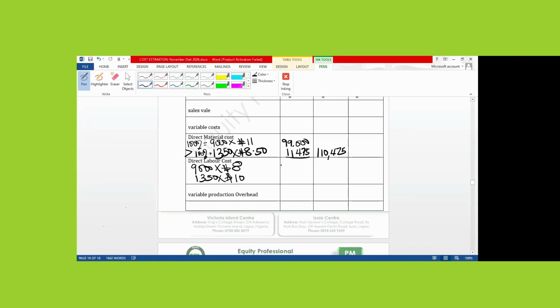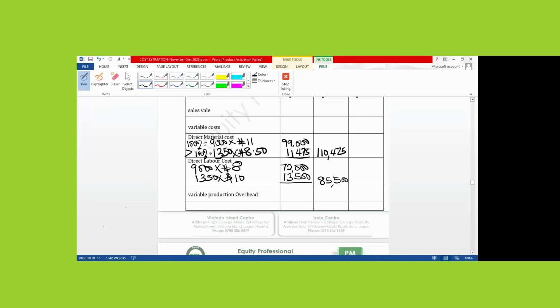So multiply. 9,000 times 8 naira at 100% is 72,000. Total is 85,500.